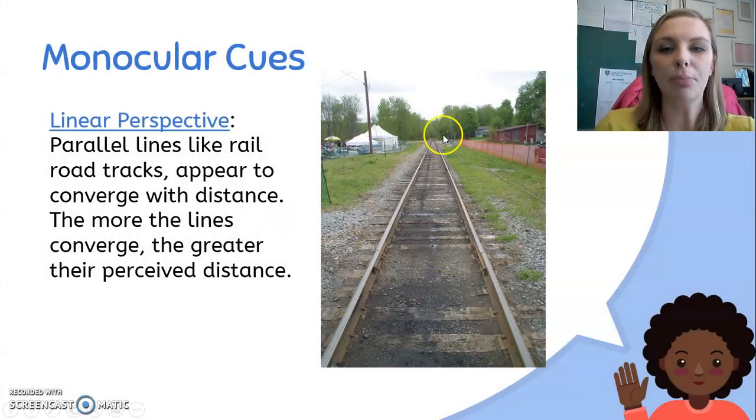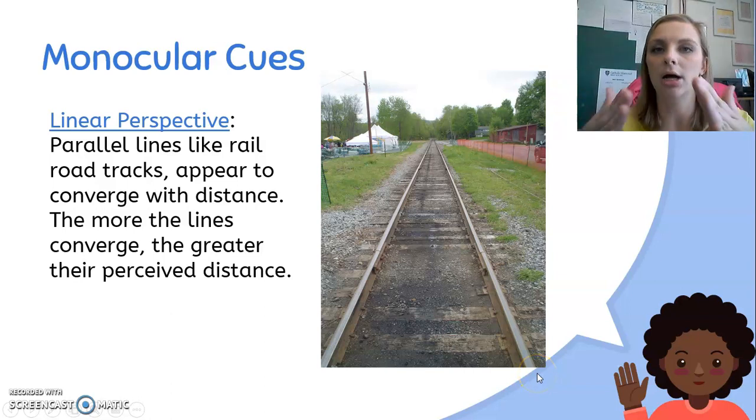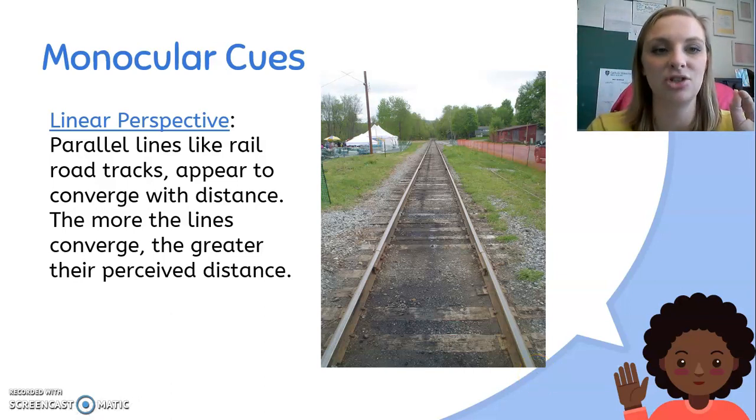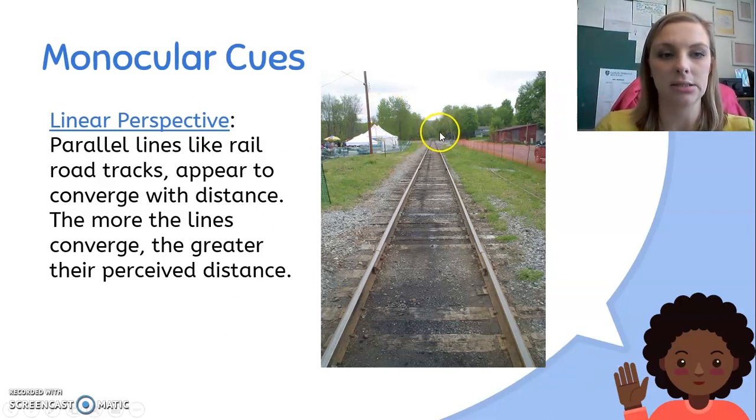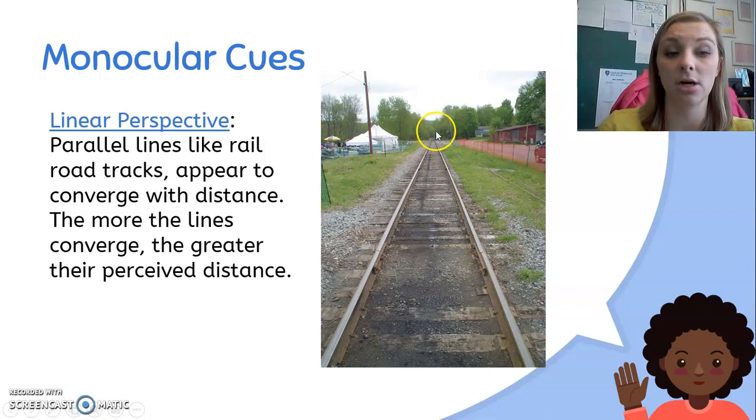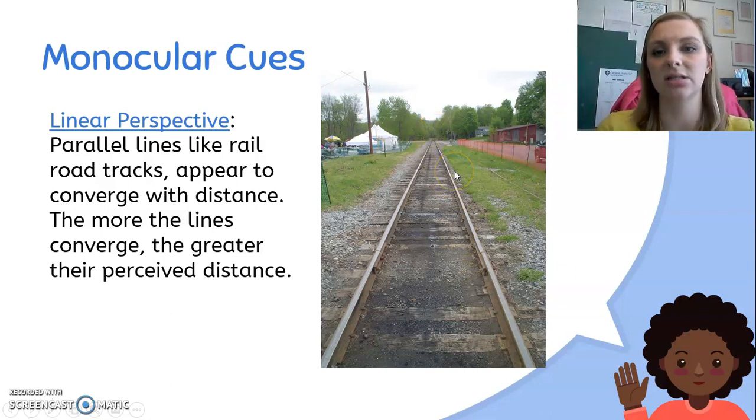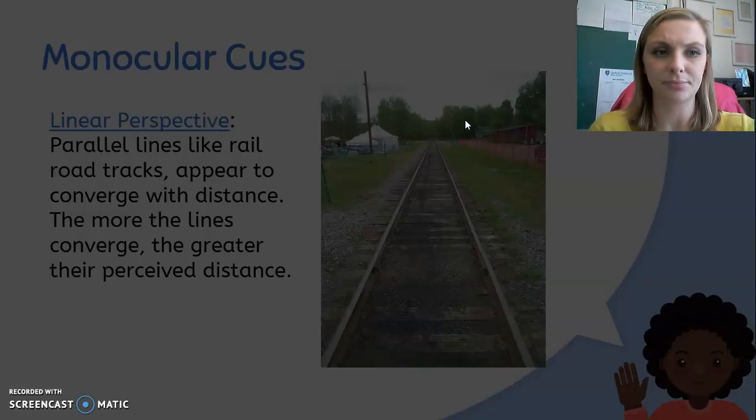The next is linear perspective. It's like one of the first things you learn in art class, right? To draw railroad tracks, getting to a point at the end of your page. This is the idea that parallel lines appear to converge in the distance, so come together to a point in the distance. And the more the lines converge, the greater the distance is, okay? So this seems very far away because of this linear perspective.